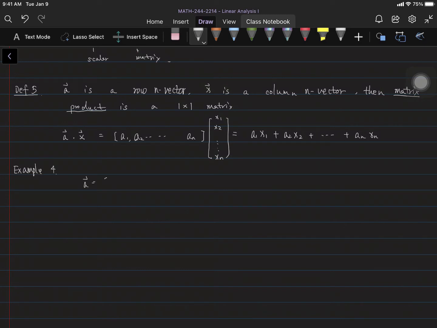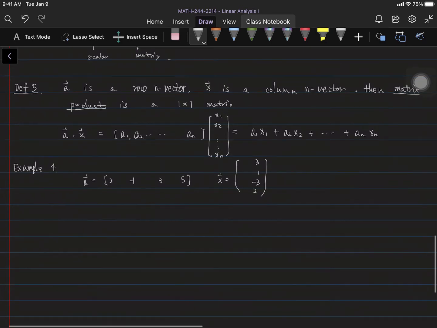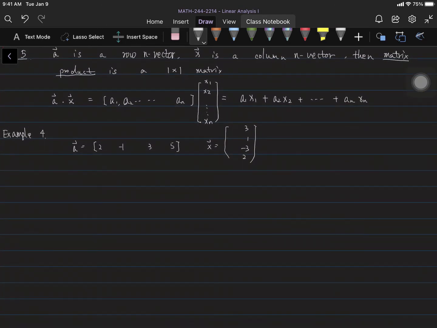A equals [2, -1, 3, 5]. X equals [3, 1, -3, 2]. And be careful, when we do the product, A has to have 4 elements and X has to have 4 elements. They have to have the same number of elements.